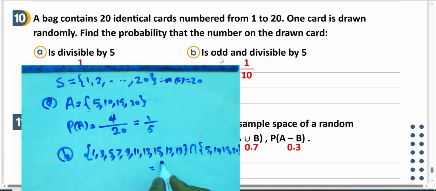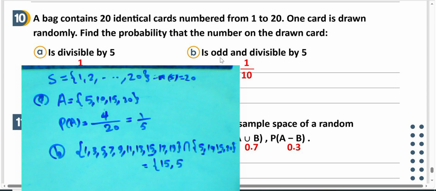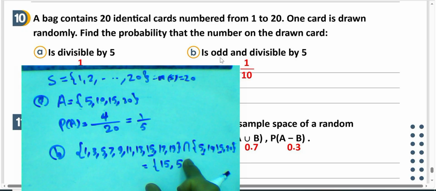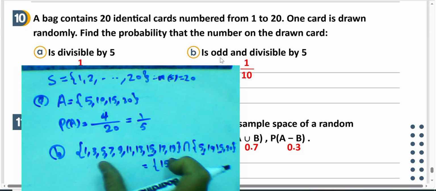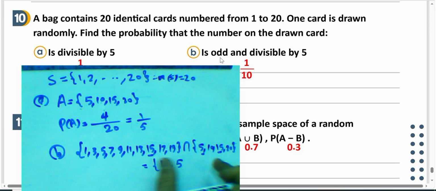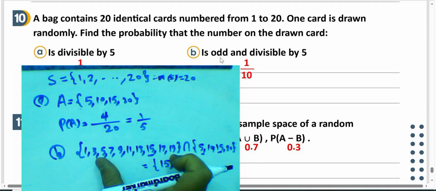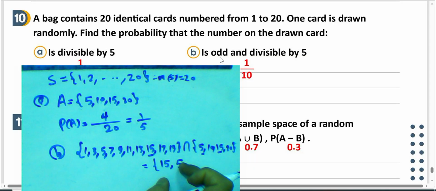So the intersection between them, we have 15 and 5 only. We have the numbers 15 and 5 only. So if he asks about this, the intersection means odd numbers and divisible by 5. We can find odd numbers and divisible by 5 and find the intersection between them. So we have 2 digits.